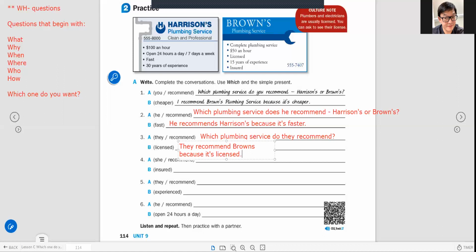Yeah, there's no comparative with this one. Oh my goodness, I have to just retype it again. They recommend Brown's because it's licensed. Okay.